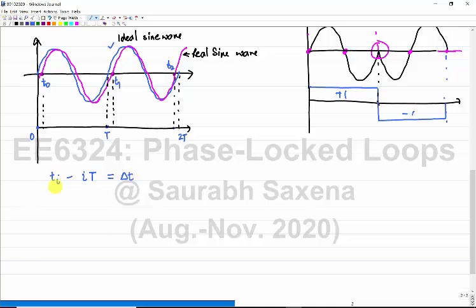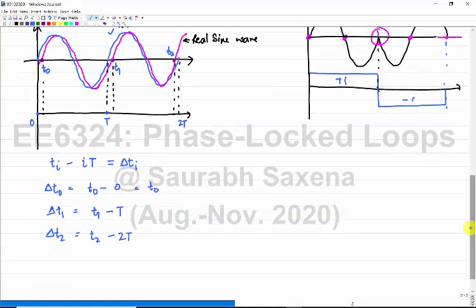So delta t of 0 is t of 0 minus 0, which is t0, delta t of 1 is equal to t of 1 minus T, delta t of 2 is equal to t of 2 minus 2 times T. So this is the error in the rising edge, the negative to positive clock edge of the real sine wave compared with the ideal sine wave.